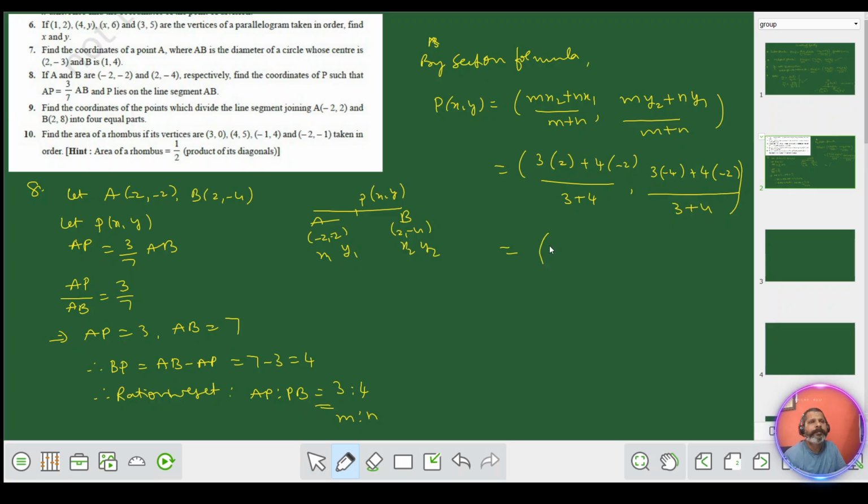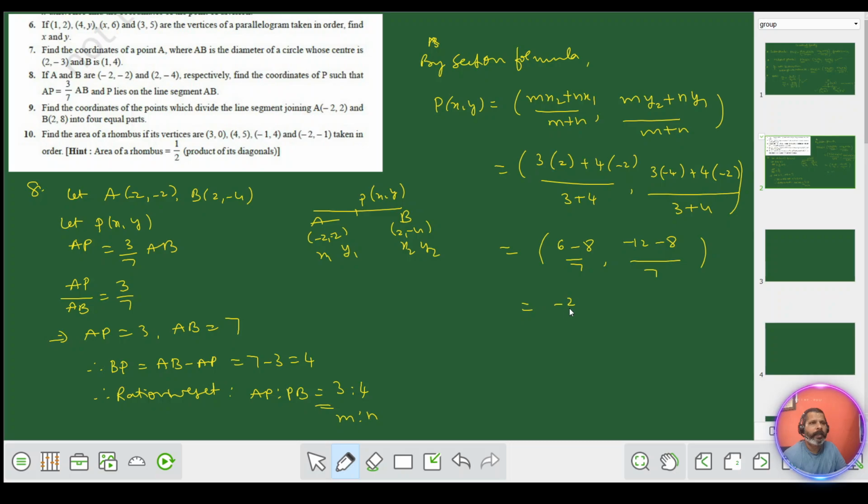3 2s are 6 and plus 4 into minus 2 is minus 8. Okay. 6 minus 8 by 3 plus 4 is 7. Then 3 into minus 4 is minus 12, minus 4 into minus 2 is minus 8, by 7.